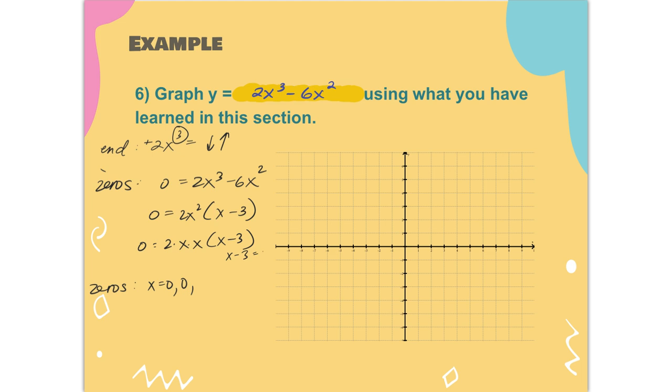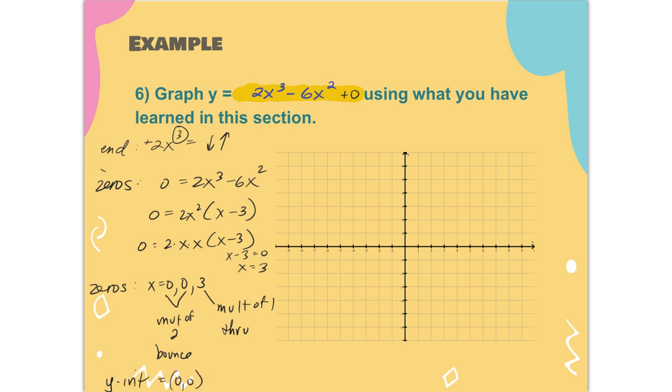And if I kind of do the math here, you're going to see that x is also 3. So here I'm going to have a multiplicity of 2, which means I'm going to have a bounce. Here is a multiplicity of 1, which means through. And again, sorry, but all these y-intercepts are 0.